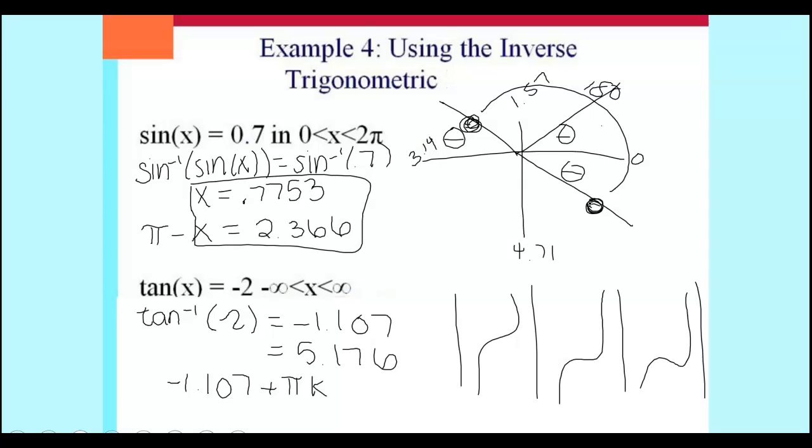So you could subtract pi, and you'd get 2.0344, which would put it in quadrant 2. If you subtracted pi again, you'd end up back in quadrant 4, and you could keep traveling around. So this is how we account for an infinite domain.